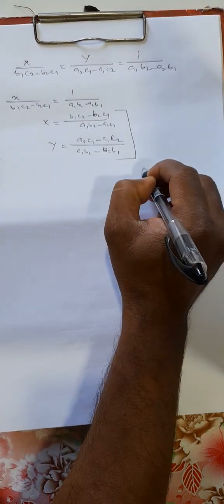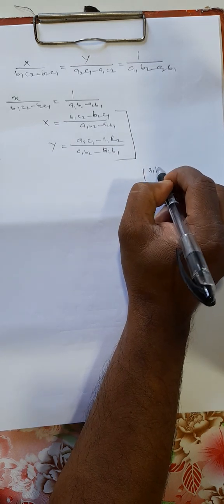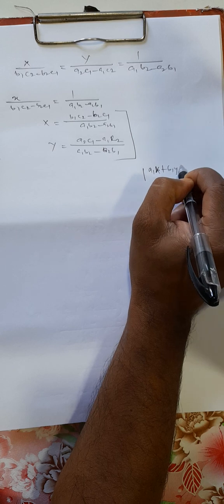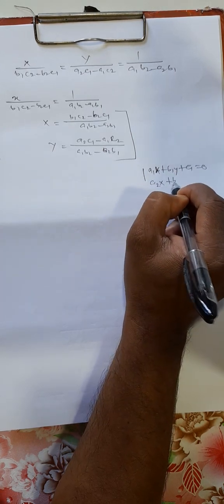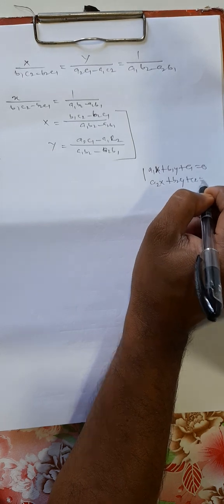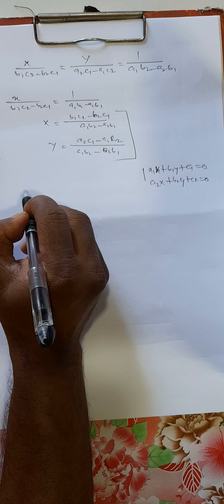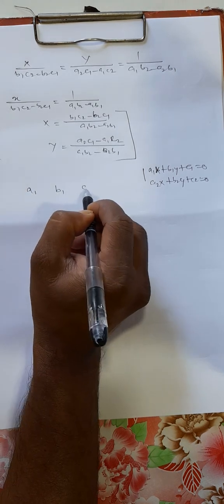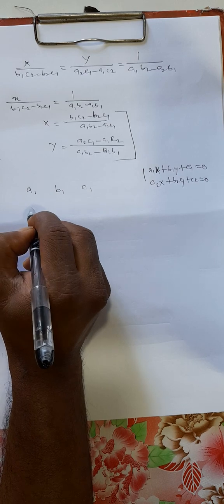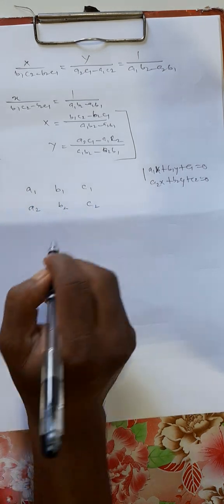So once again you recall the equations, a1x plus b1y plus c1 equal to 0, a2x plus b2y plus c2 equal to 0. Now let us try to write the coefficients like this, a1 b1 c1. In the second equation, coefficients are a2 b2 c2.